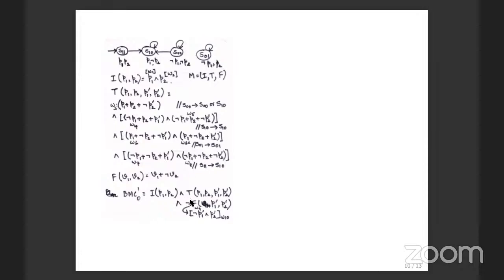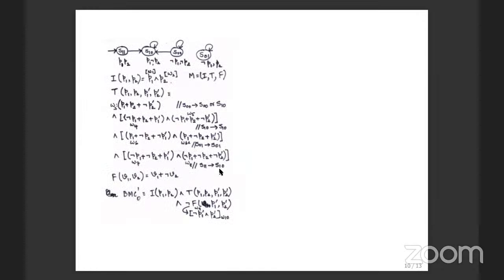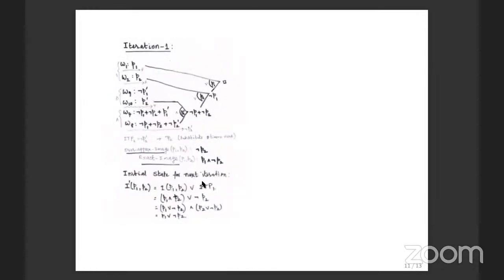It's a safe system, so this is not violated. Now I want to see if I've reached the 1 step. Actually, in this case, it gets it in 1 step itself. I'm sorry, I made a wrong statement.